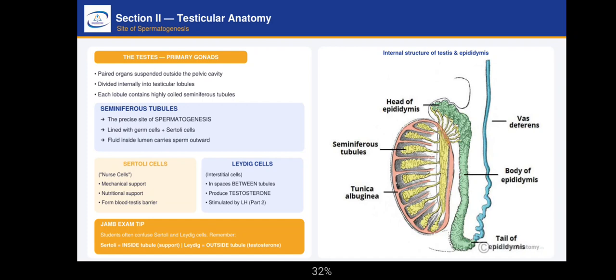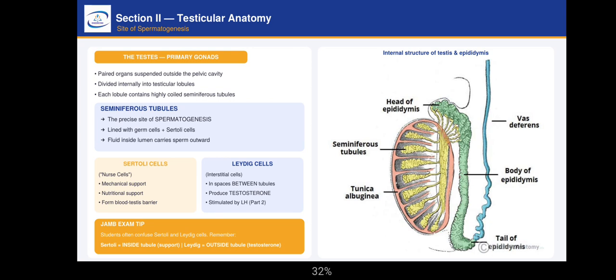All right, so we don't want to speak like every other individual out there, so we have to use our own terminology. So instead of saying, oh, seminiferous tubule is for sperm production, you can just say seminiferous tubule is the site for spermatogenesis. Okay, and every biology teacher and student should understand what it means.